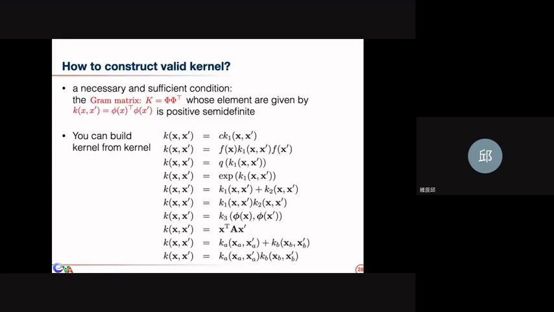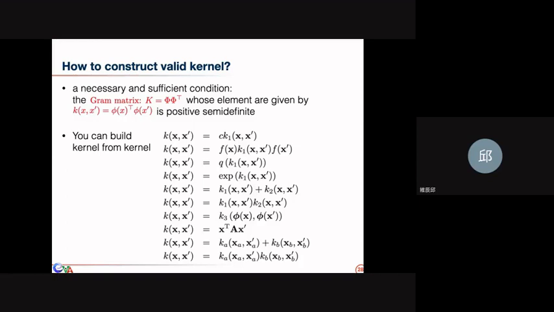Then here come some rules for you to combine the kernels into a new kernel.